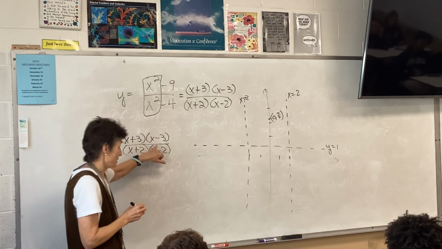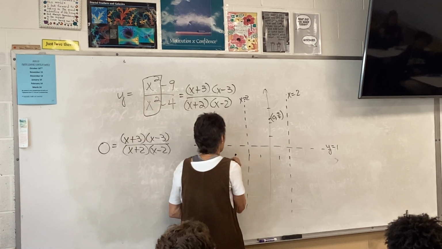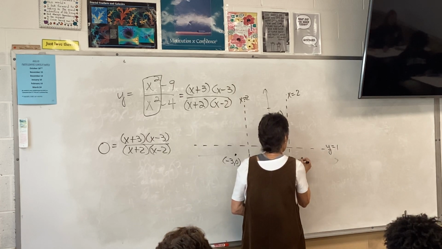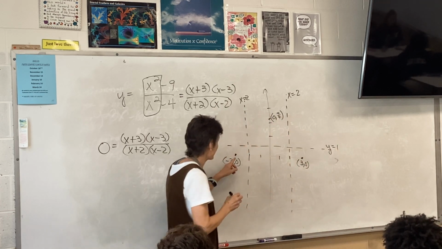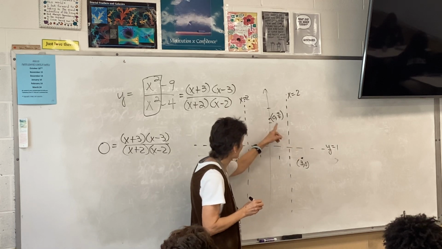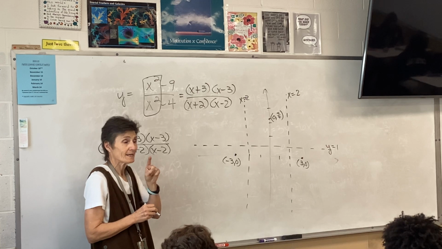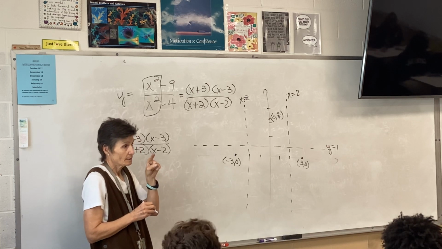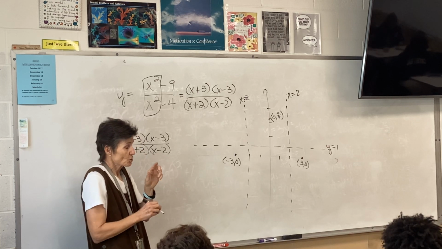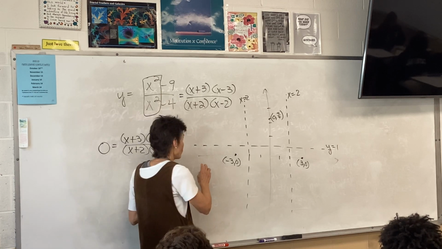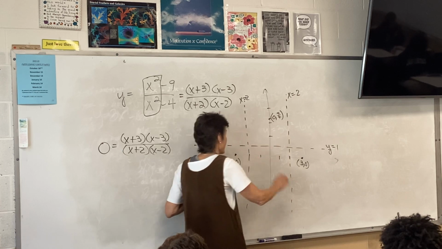Negative 3 and positive 3. These black dots I have are the only places that your curve can touch an axis. So whatever else is happening in this picture, you aren't going to cross an axis anywhere except there.